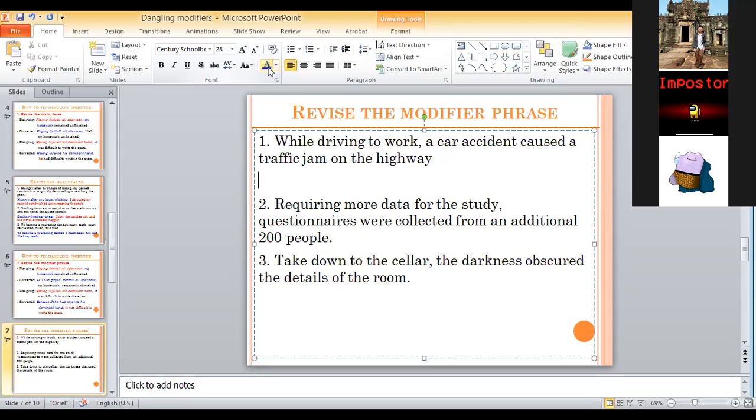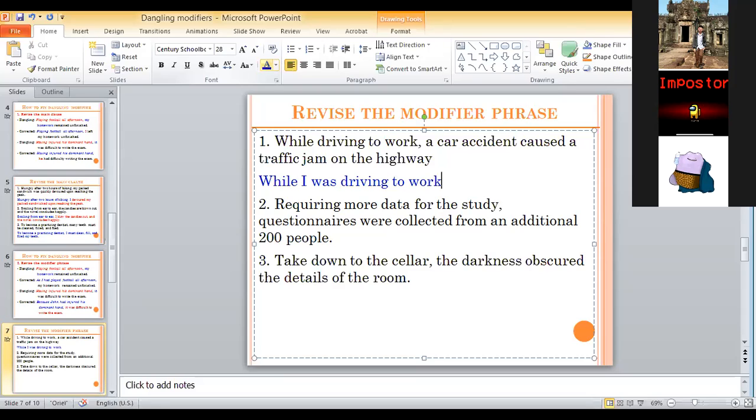Yeah, Chị. I'm not sure if it's right. It doesn't matter. While I was driving to work, a car accident caused a traffic jam on the highway. Very good.